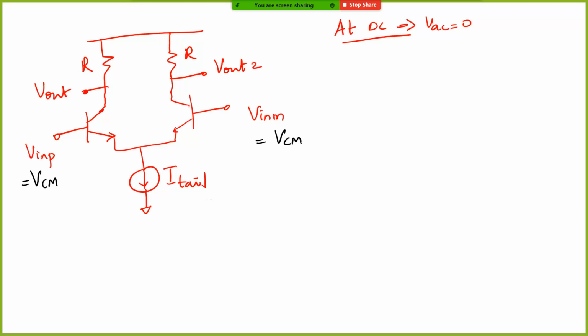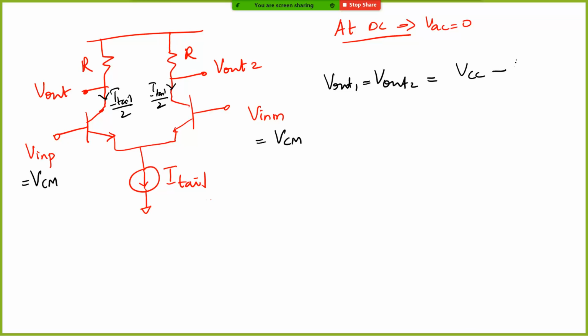Both are the same, and therefore the currents through both the branches are going to be equal. So if there is a current source of, let's say, I tail or I naught flowing here, you have I tail by 2 and I tail by 2. And Vout 1 is equal to Vout 2 is equal to what?